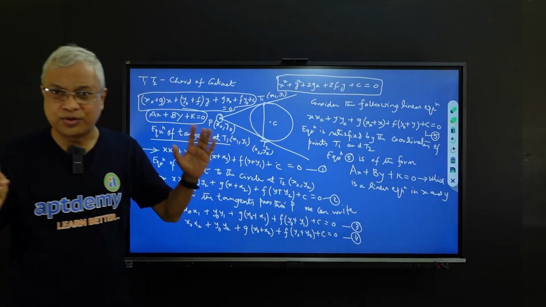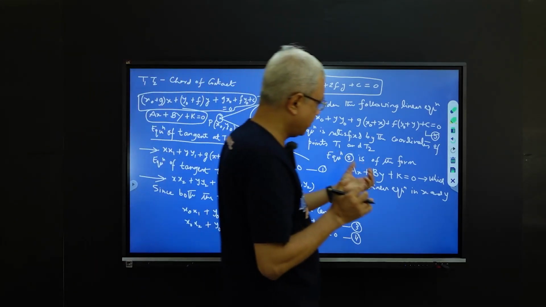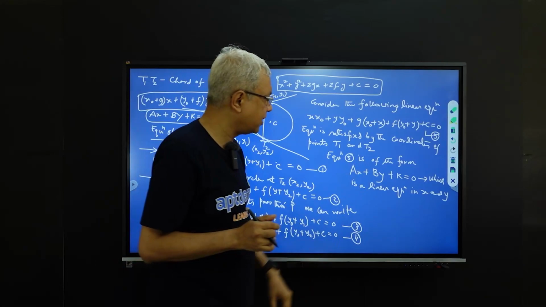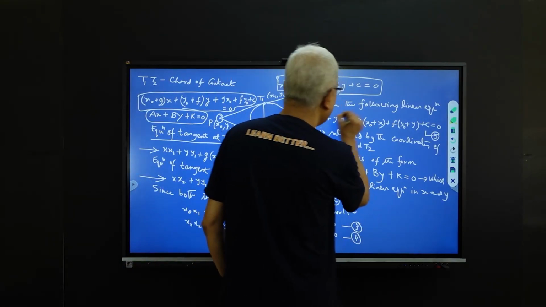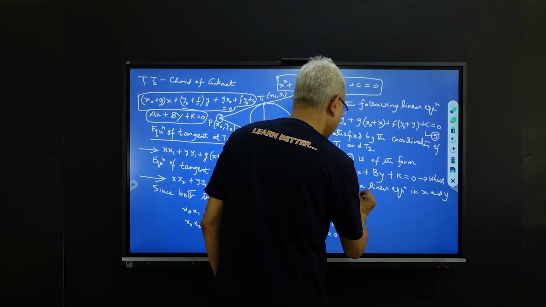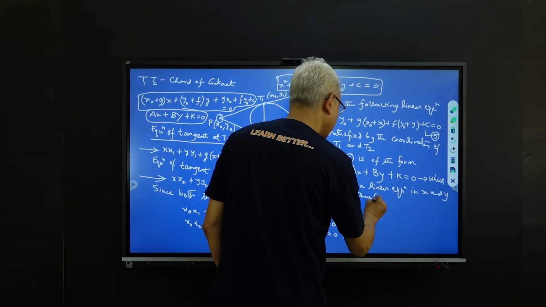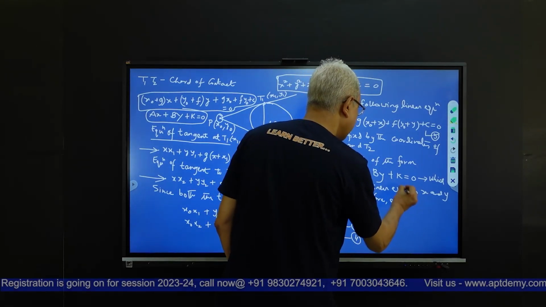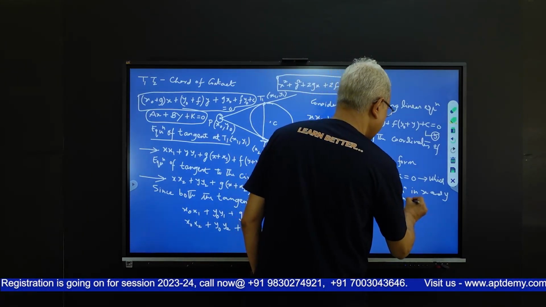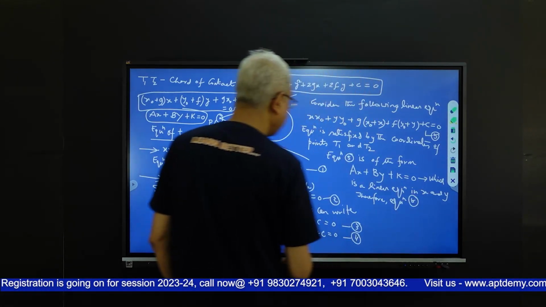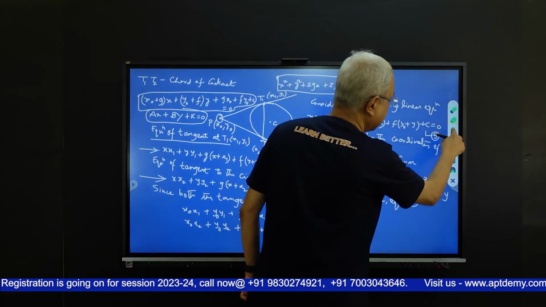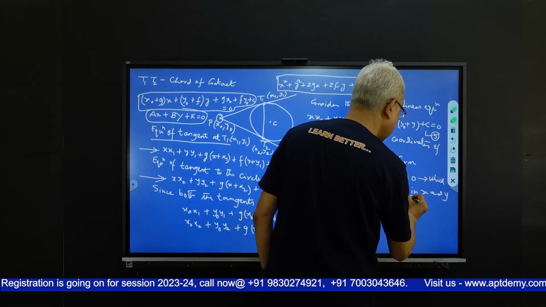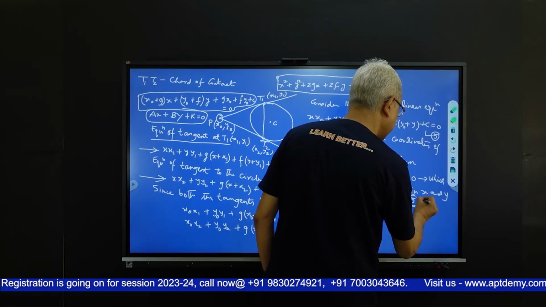And any linear equation in x and y with respect to a coordinate system represents a straight line. So equation 5 represents a straight line. Okay, I think there is no doubt in it.